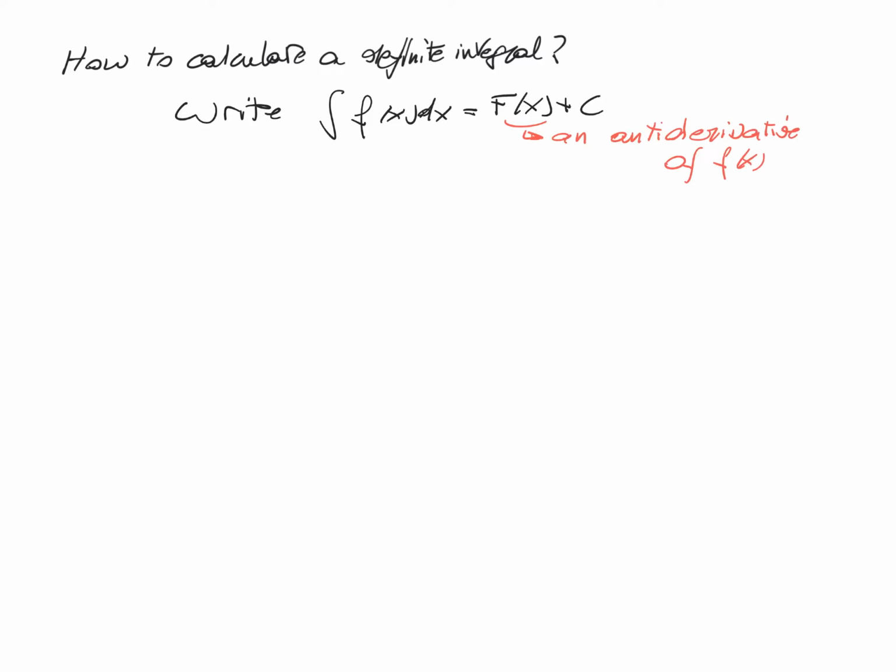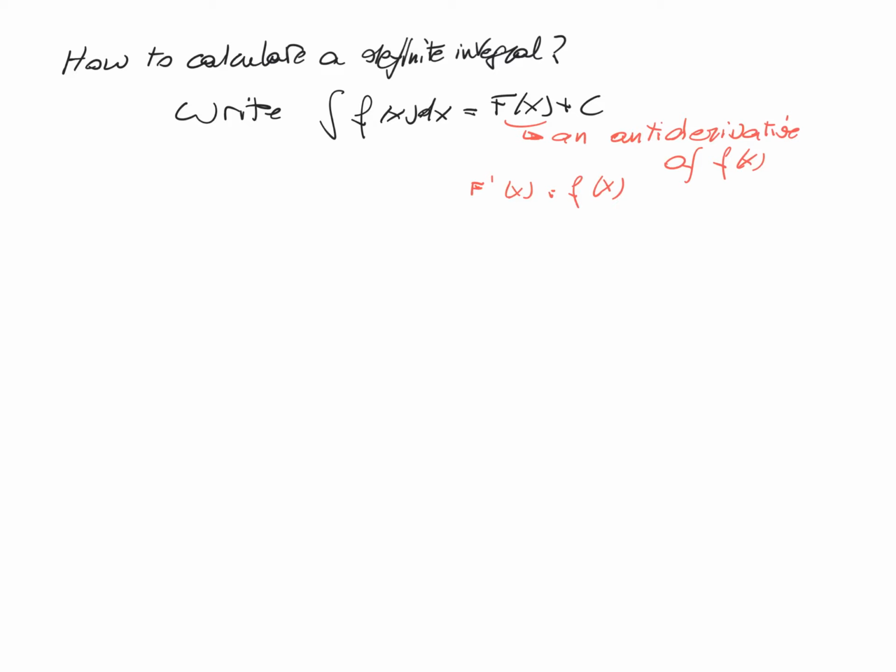It's an antiderivative because there are infinitely many of those capital F, because of the constant which can define another capital F. So we see that F prime, the derivative of capital F, will be equal to small f of x.